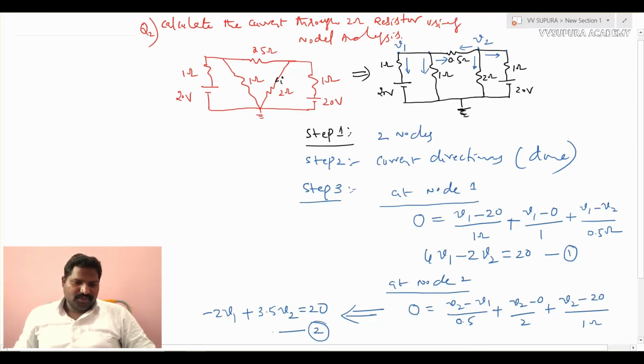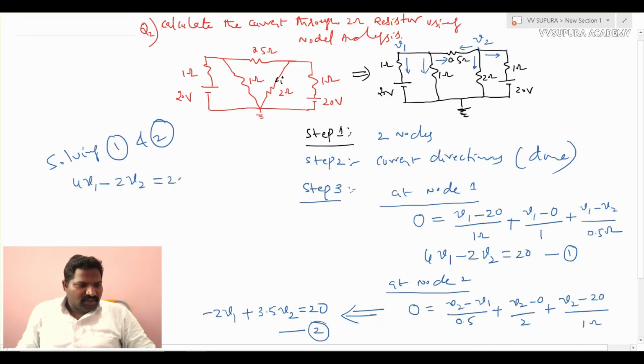This is equation number 2. Now solving equation number 1 and equation number 2: 4V1 minus 2V2 equal to 20 and minus 2V1 plus 3.5V2 equal to 20.